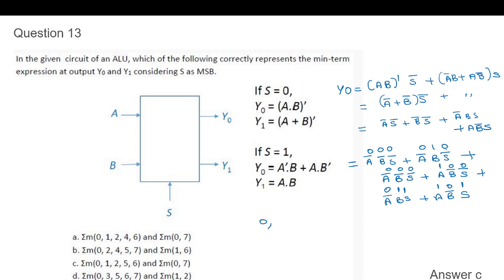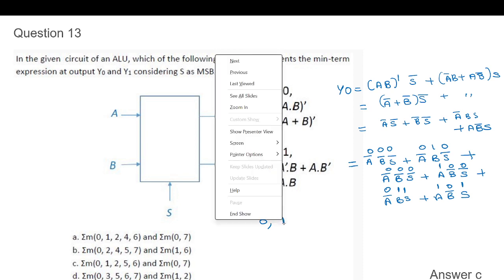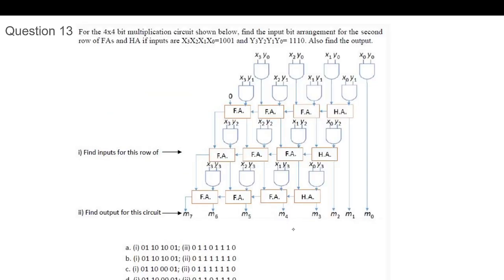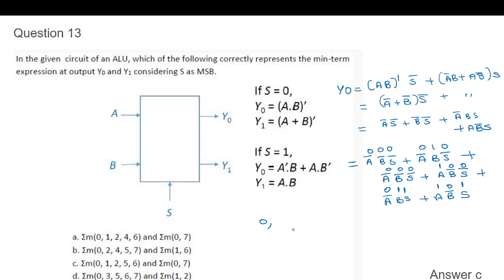It is 0, 1, 0, and this is 0. Two terms. And this is 0, 1, 0, 2. 1, 0, 1, 5. 1, 1, 0, 6 is for Y0.